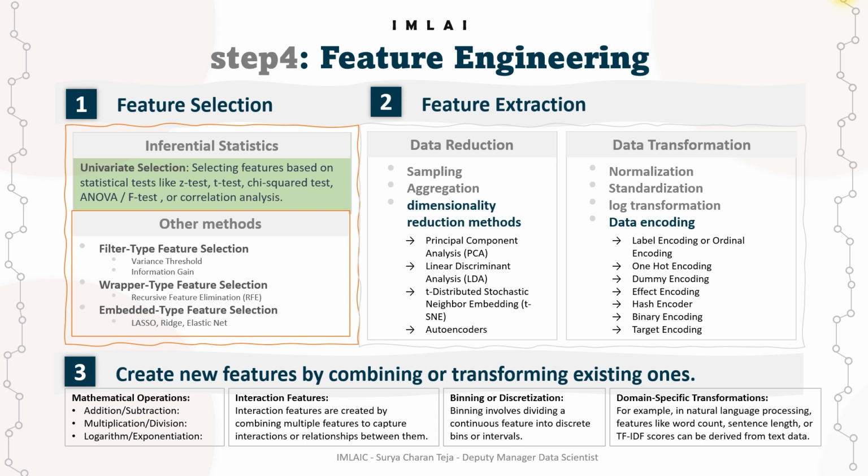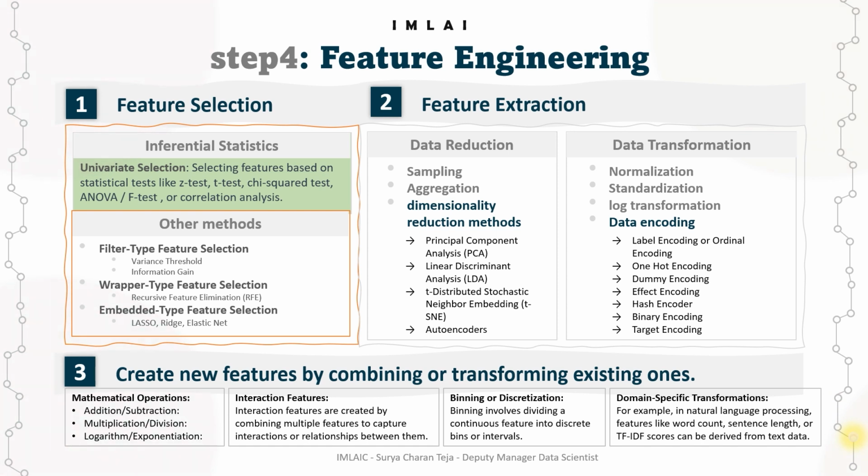What statistical significance tests have we used? One is the z-test, t-test, chi-square test, and ANOVA or f-test. These are the tests that we have worked on to do univariate selection, and of course, these are applicable to different types of variables or levels of measurement.